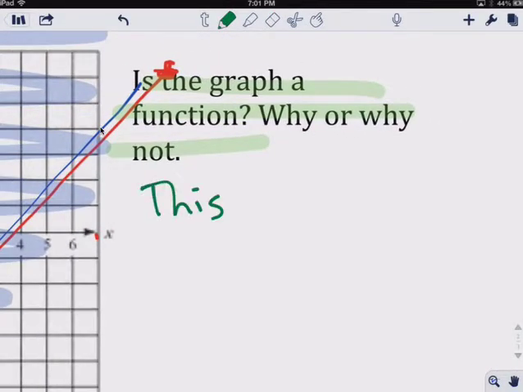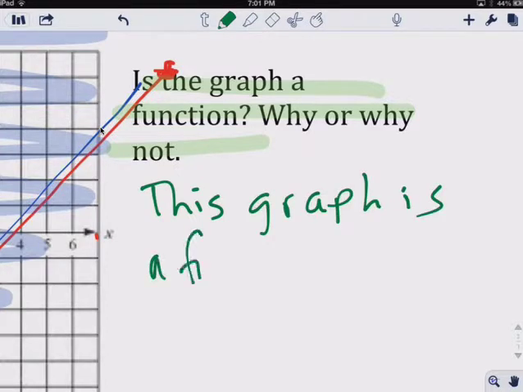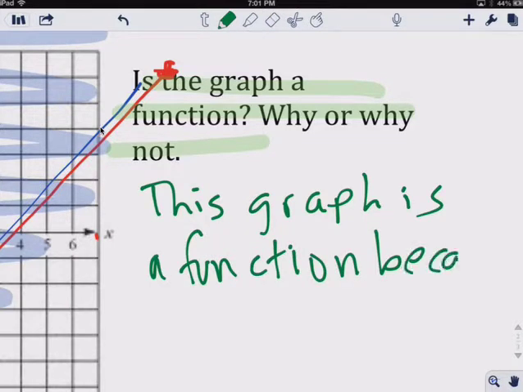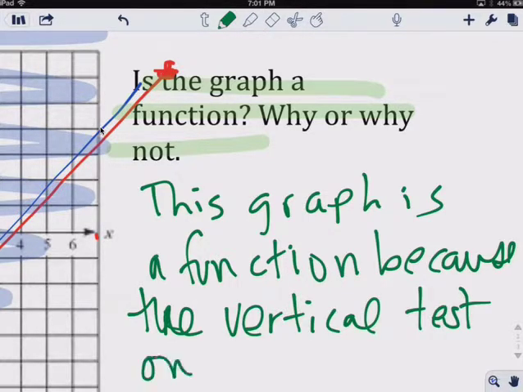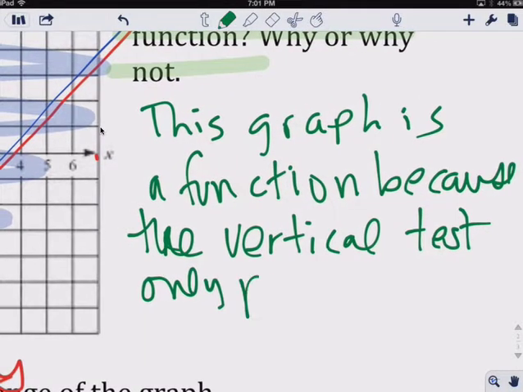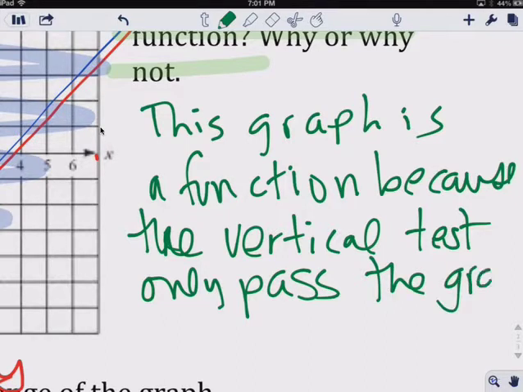This graph is a function because of the vertical line test: put a vertical line and test it out, it only passes the graph one time or just once.